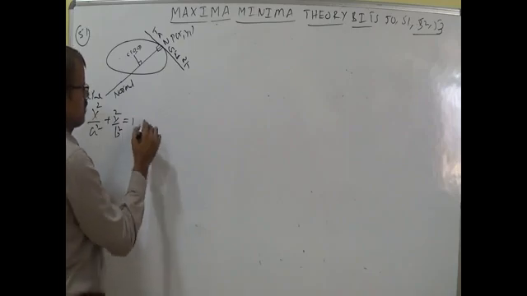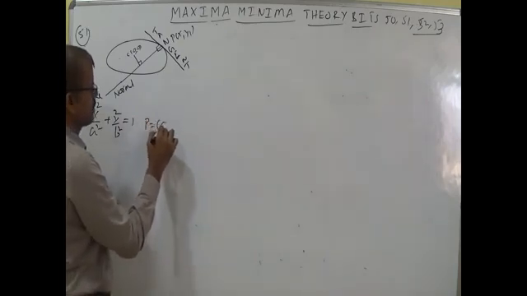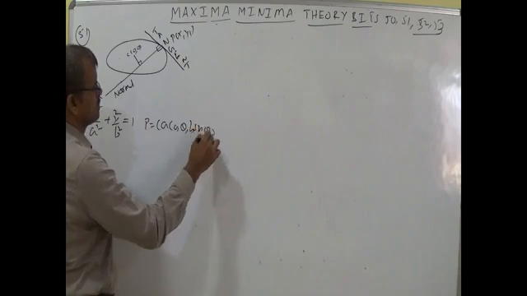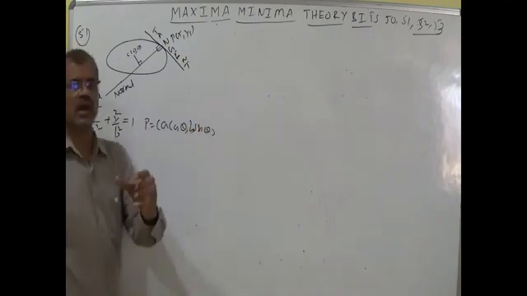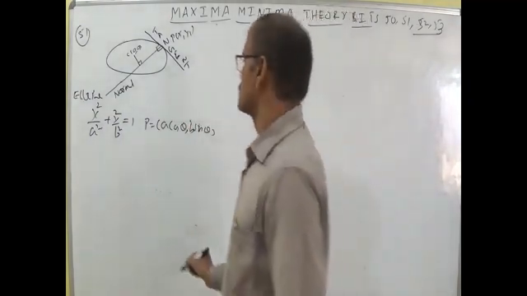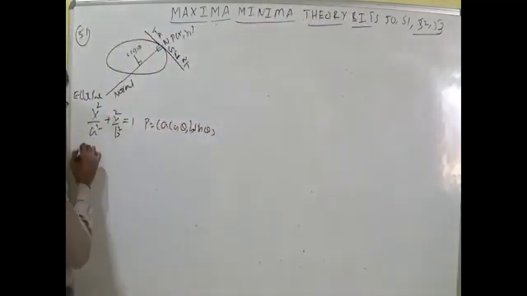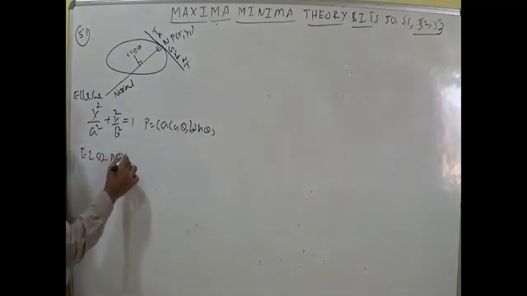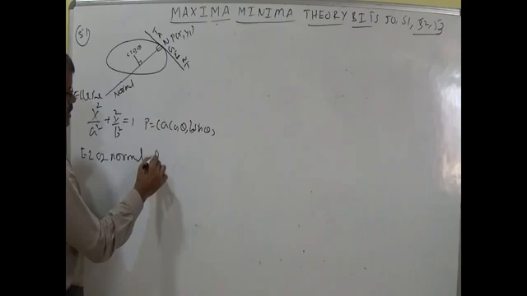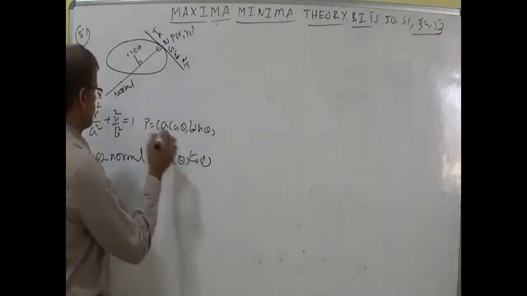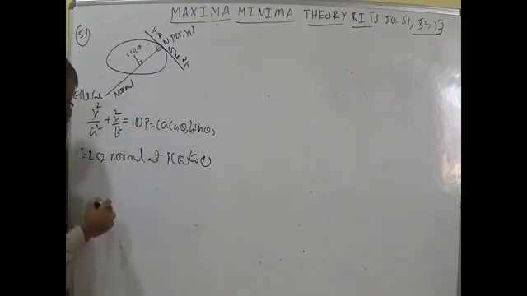For this one, the parametric point P I am writing as (a cos θ, b sin θ). At the parametric point, we should calculate the equation of the normal. So what is the equation of the normal of the ellipse at the parametric point? The equation of the normal at P(θ) to ellipse 1, let it be first equation.